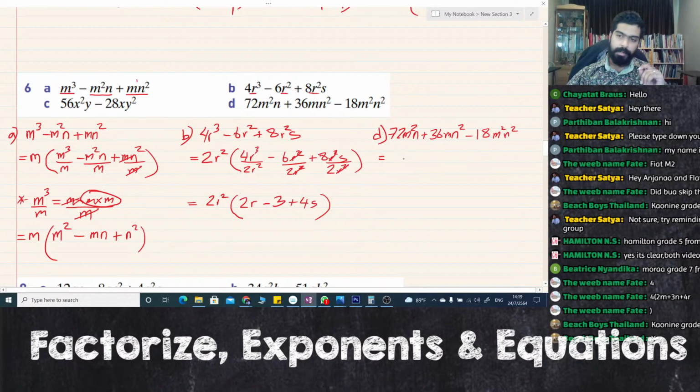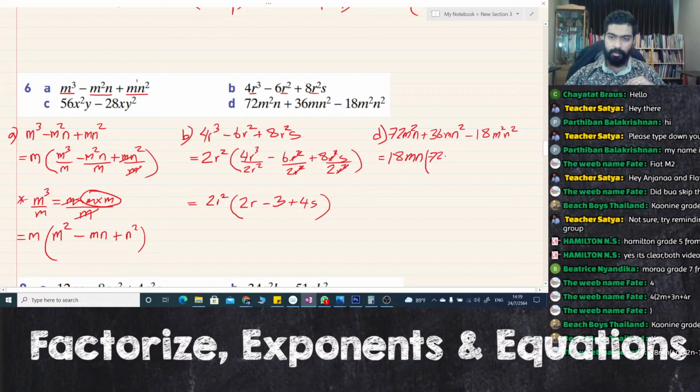The greatest common factor of all of these three terms will be 18, right, guys? 18. Now let's go ahead to the variables. Oh, I see Fiat has answered it. Let's see. So for the variables, guys, we will have m and we will have n, right? Now we are going to divide everything by the greatest common factor.